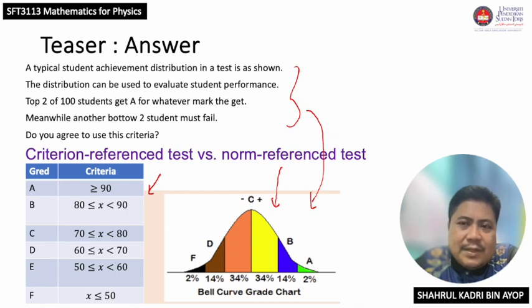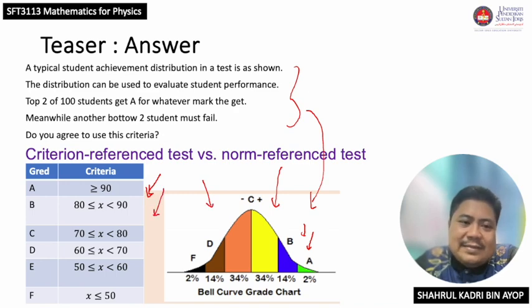So for example, matriculation, SPM. They use this. They determine how many percent to get an A, and so on. So this is called norm reference, and this is criterion reference. Sometimes it is good to have this, and sometimes it's good to have that.